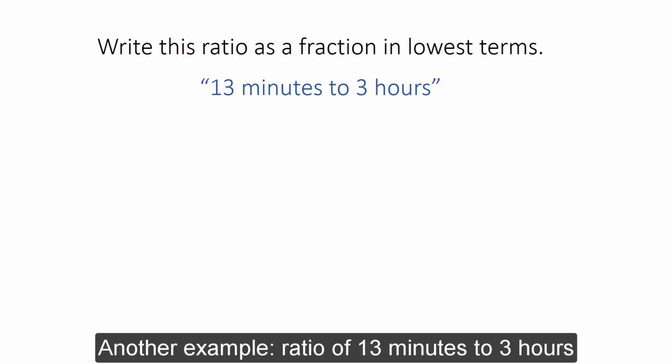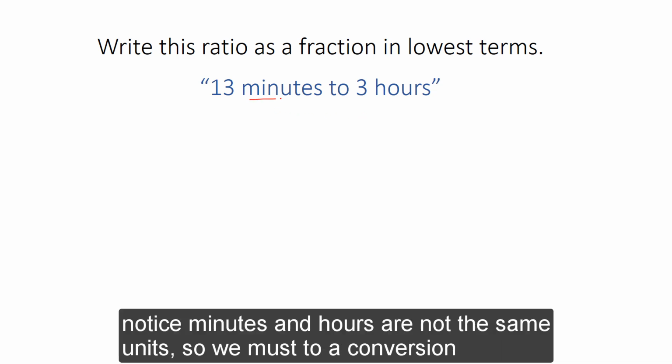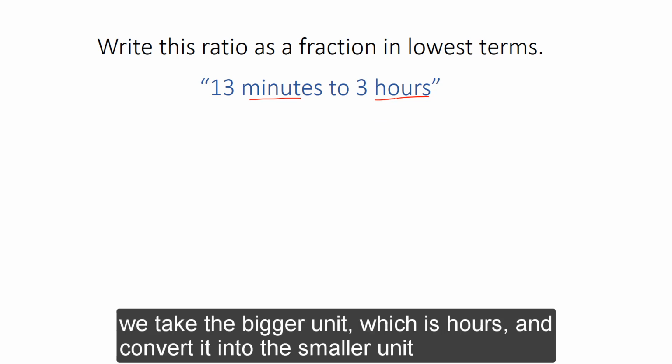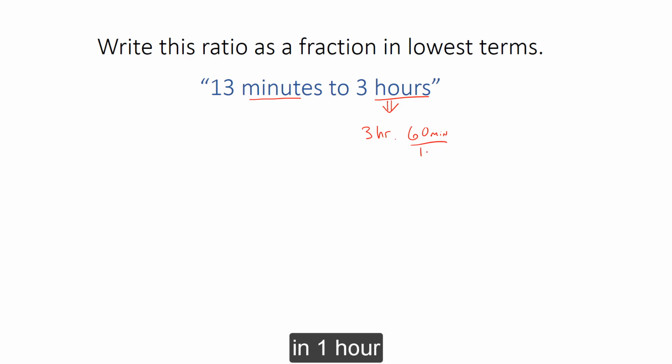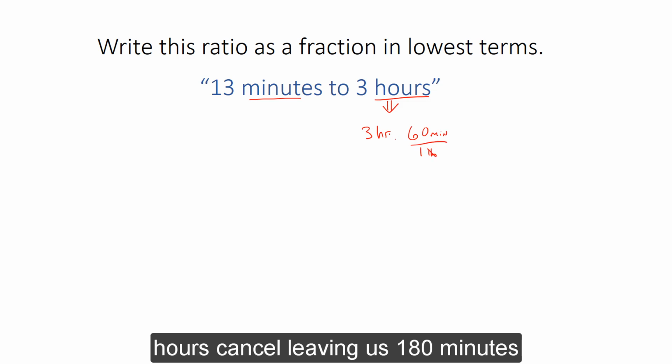Another example, ratio of 13 minutes to 3 hours. Notice minutes and hours are not the same units, so we must do a conversion. We take the bigger unit, which is hours, and convert it into the smaller unit, which is minutes. So 3 hours, and we're going to multiply times 60 minutes in 1 hour. The hours cancel, leaving us 180 minutes.